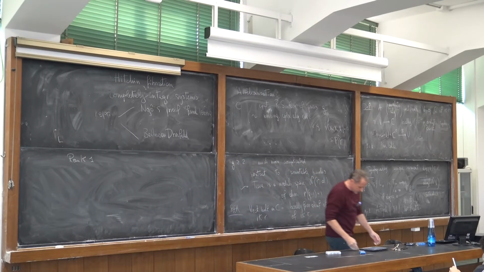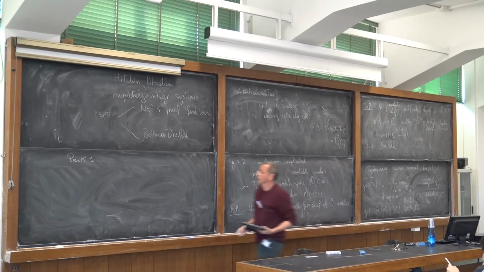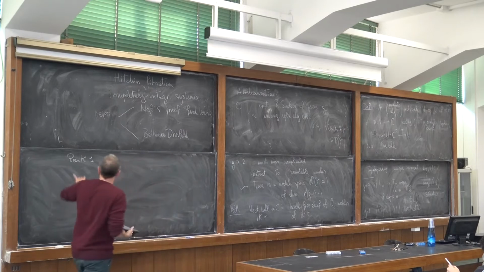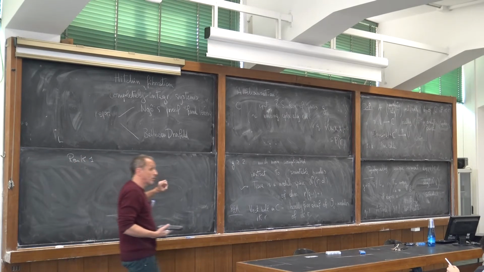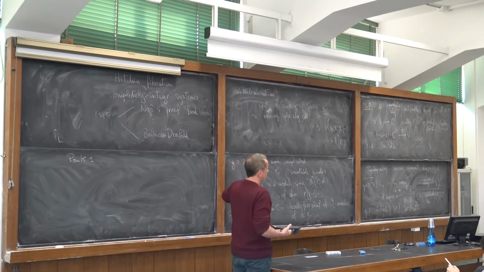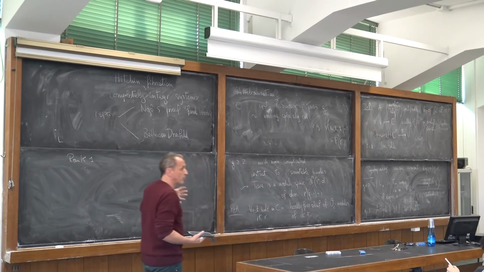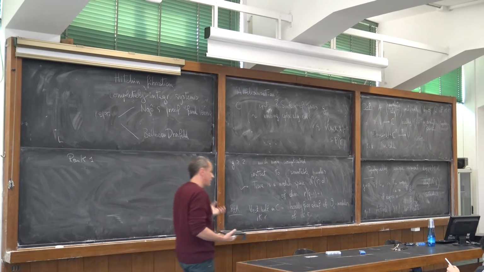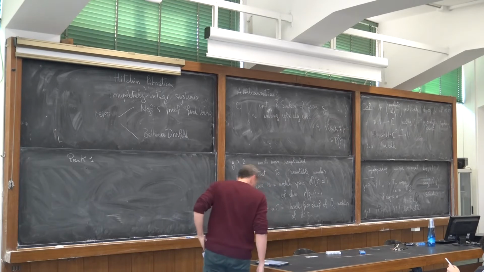First of all, remark that vector bundles of rank 1 up to isomorphism form a group. You may tensor two line bundles and you still get a line bundle.